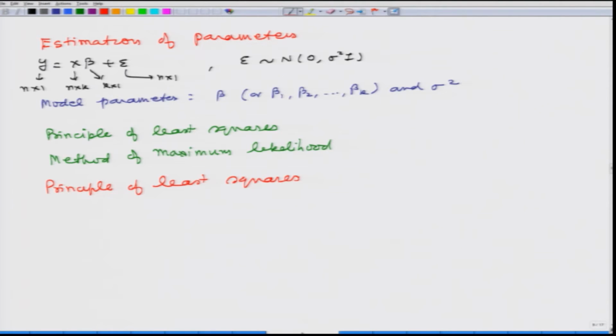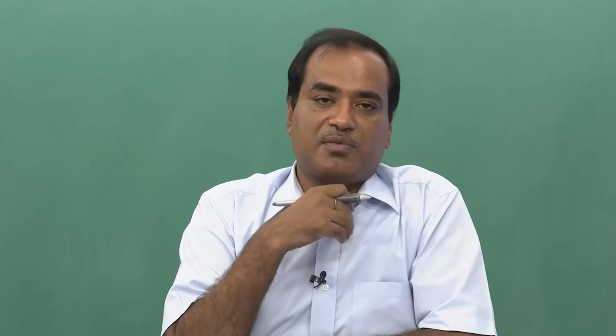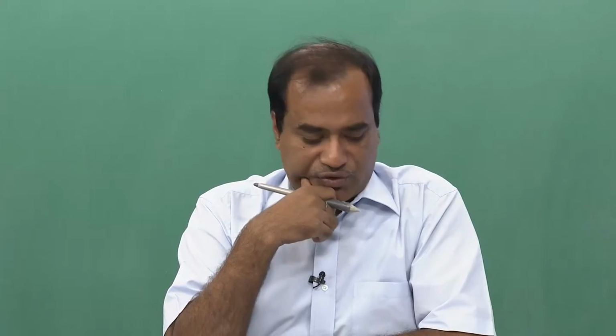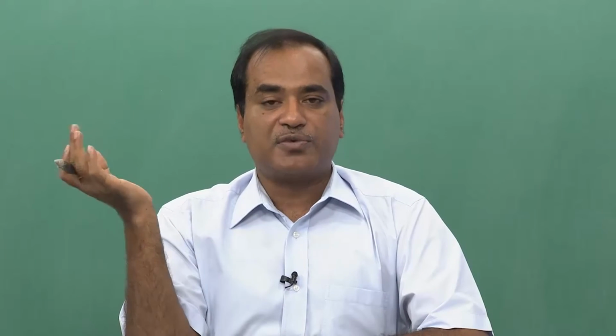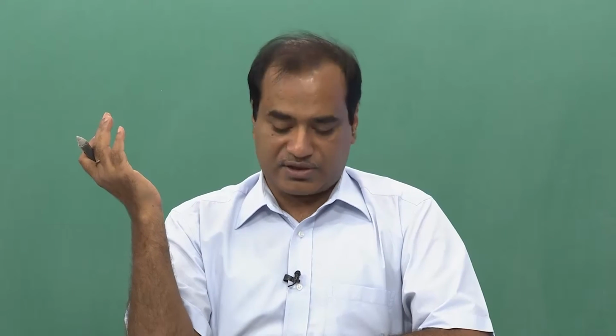If you recall, in case of the simple linear regression model, the model was y equal to beta 0 plus beta 1 x plus epsilon, and we had minimized the sum of squares due to random error, summation i goes from 1 to n epsilon i square. And our objective was to find the values of beta 0 and beta 1 by minimizing the sum of squares due to random errors.